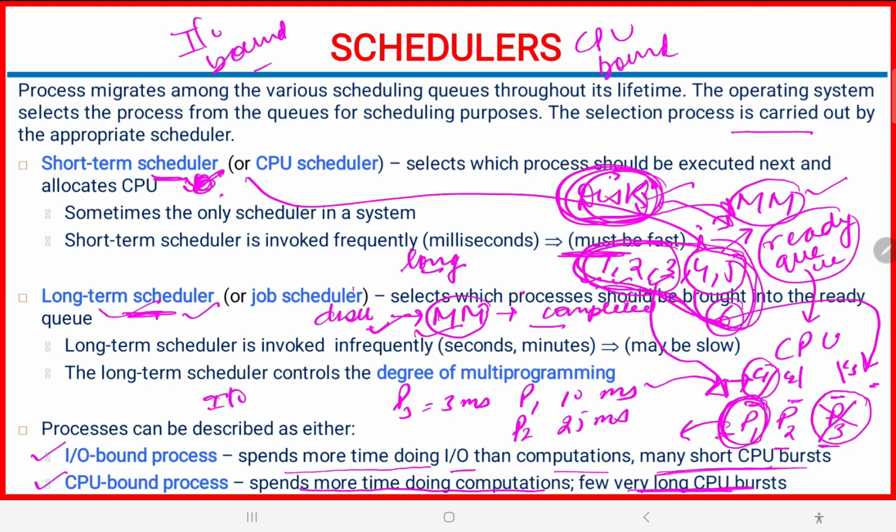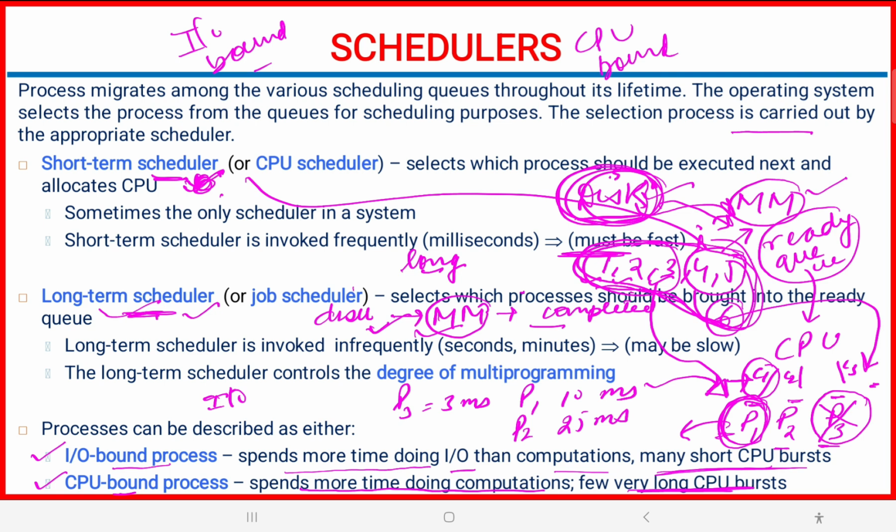Now, as I have already given you a brief introduction about CPU bound and IO bound processes, it is quite important for the long-term scheduler to select a mixed set of IO and CPU bound processes to be forwarded to the main memory. If all the processes are IO bound, there will be a large IO waiting queue, whereas the ready queue will be empty.